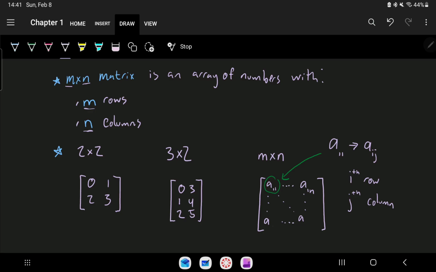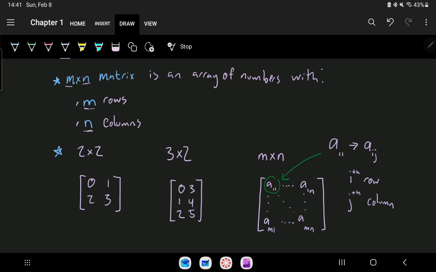All right, and now going down here, we're still in the first column, but we have arbitrarily many rows in between. So this is going to be the mth row in the first column, and once again arbitrarily many columns in between that. So the very last number right here is going to be in the mth row and nth column. So that's just a notation that you might see, and this is a way to really generalize it.